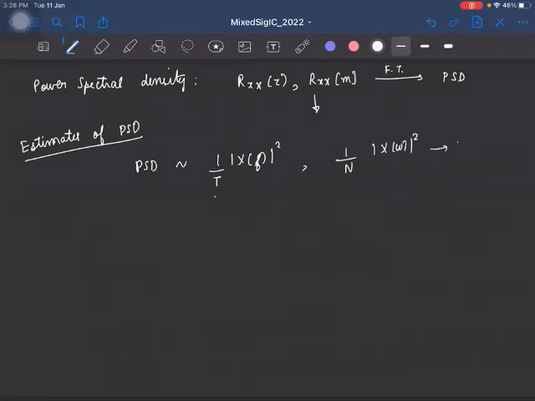And this estimate is called the periodogram estimate. Okay, this doesn't give a very good estimation of PSD. So in general, what we resort to, and what we will follow in this course as well, is the Welch estimate.